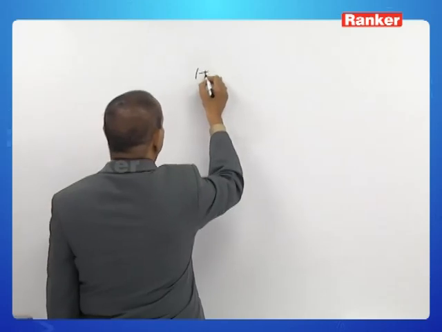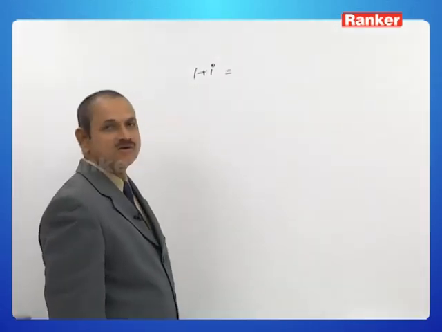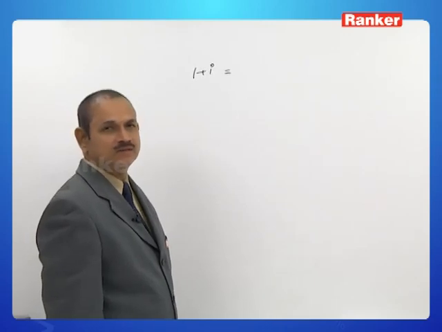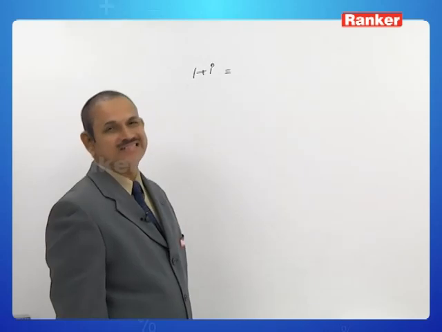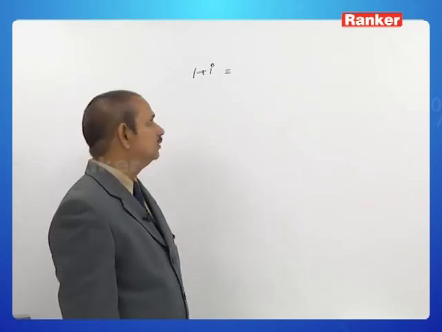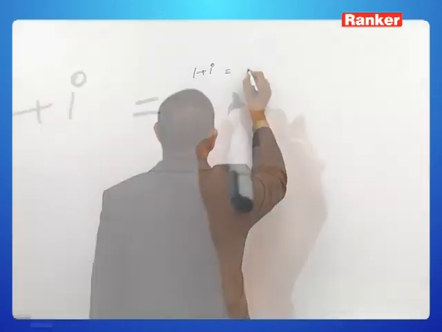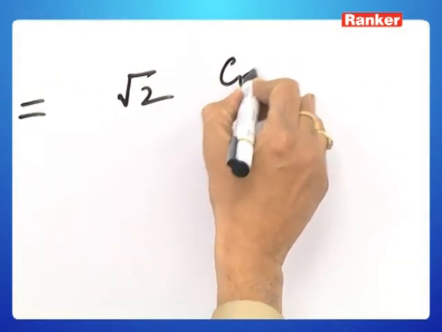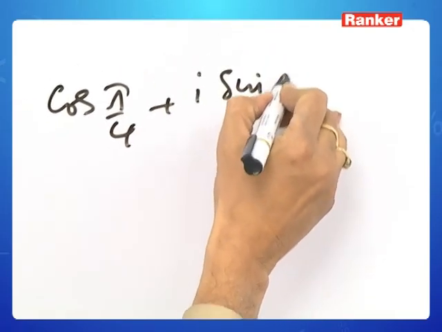For a little while, let us observe what is 1 plus I. Of course, it is a famous complex number, and if you can transform this 1 plus I into mod amplitude form, this can take the form root 2 into cos pi by 4 plus I sin pi by 4.